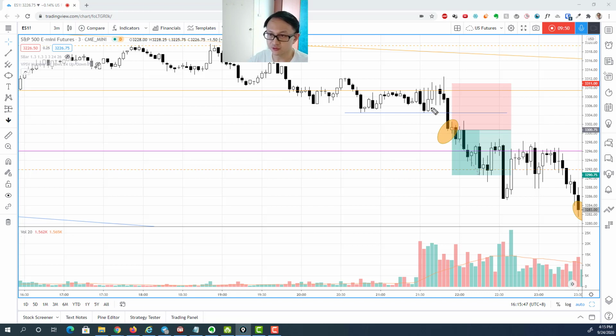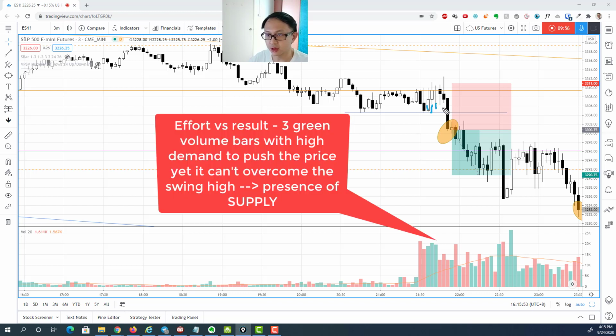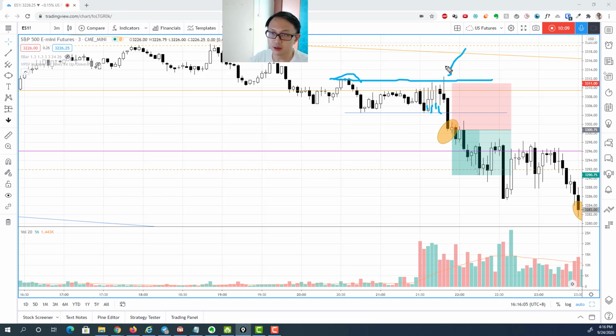So I waited for a few candles, and we did see it go up a little bit, but it just wouldn't commit above. You see, this is the swing high, and it just did not commit above this immediate swing high. Until this point, I think this could be quite a nice short entry, but I did not take that because it acted as a localized upthrust.